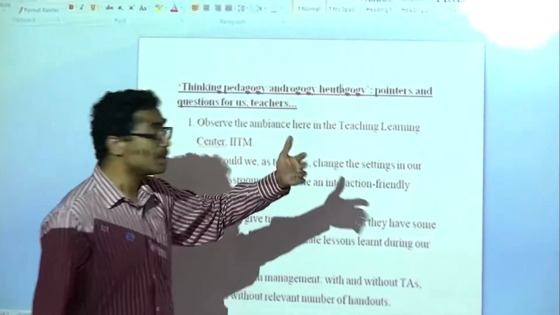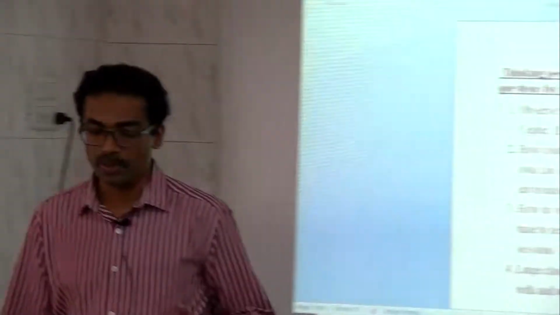And the last one is heutagogy, which is very important for teaching at the MS PhD level, because students who come for MS PhD typically are self-driven, self-motivated and so on. And the role of the instructor there is to provide pathways so that they learn, and provide enough guidelines so that there is some self-directed learning.